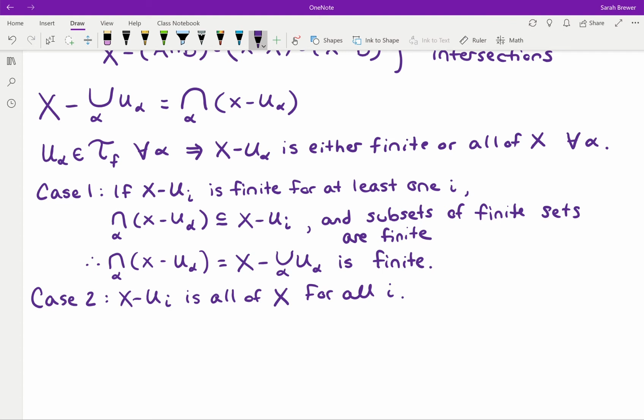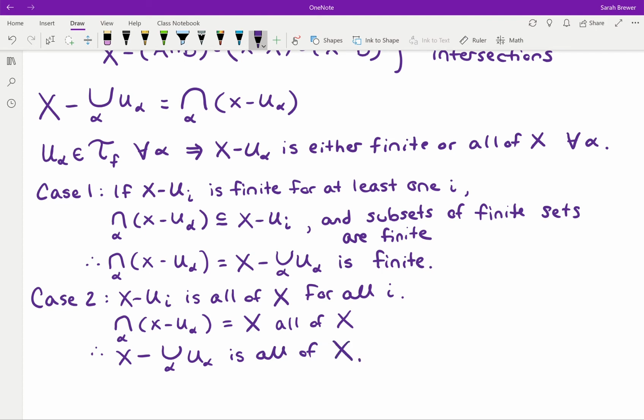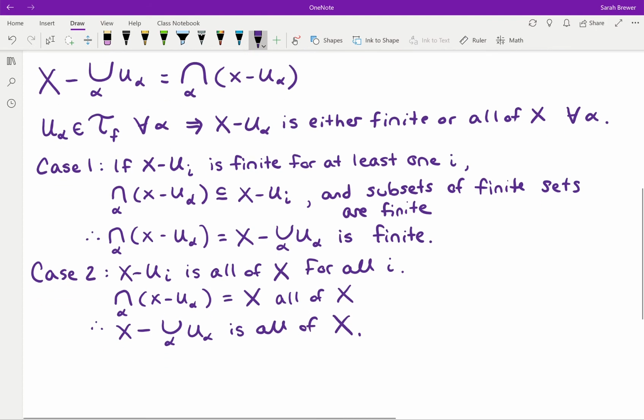Well, if that's true, then the arbitrary intersection is just going to be equal to all of X. And so therefore X minus the arbitrary union is all of X. Okay, so that takes care of that criteria.